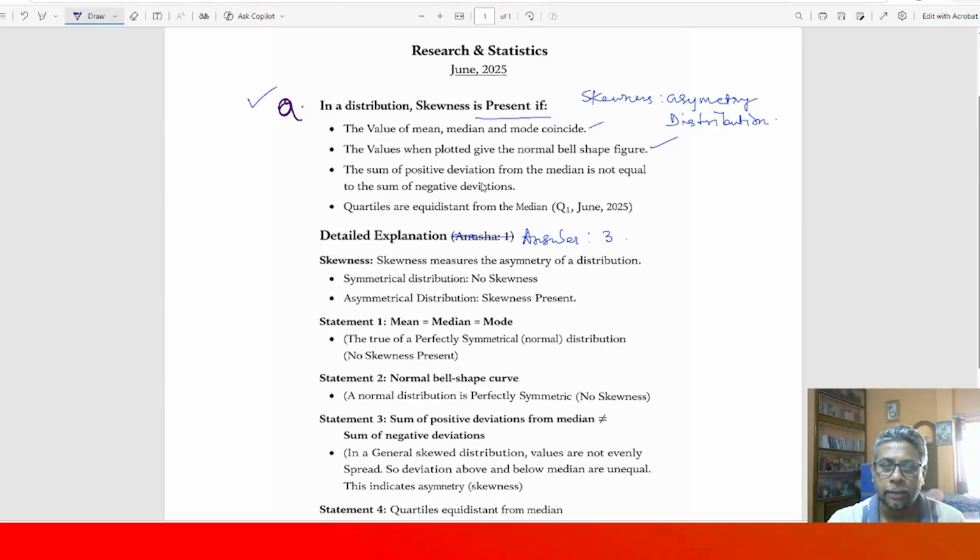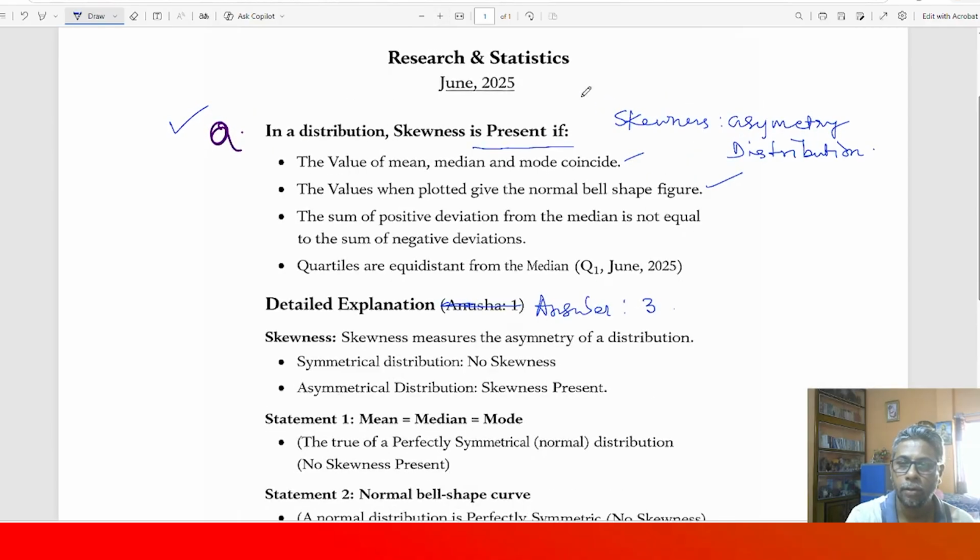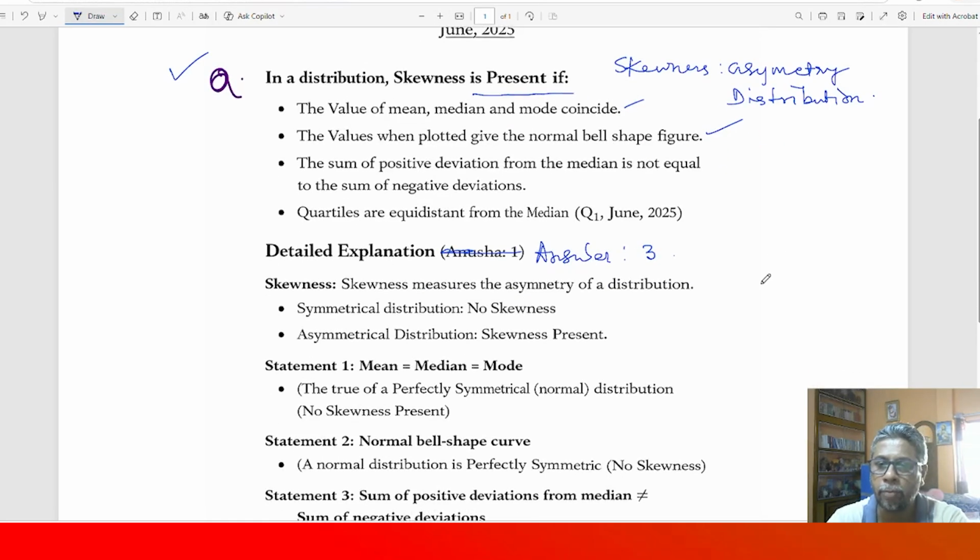Number three, the sum of positive deviations from the median is not equal to the sum of negative deviations. Number four, quartiles are equidistant from the median.